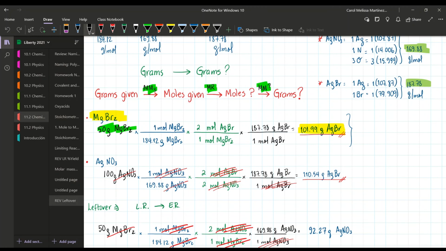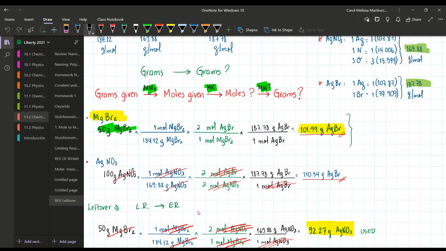So this 92.27 grams is what we used. It is the excess reactant, how much I used. I used only 92.27 grams.